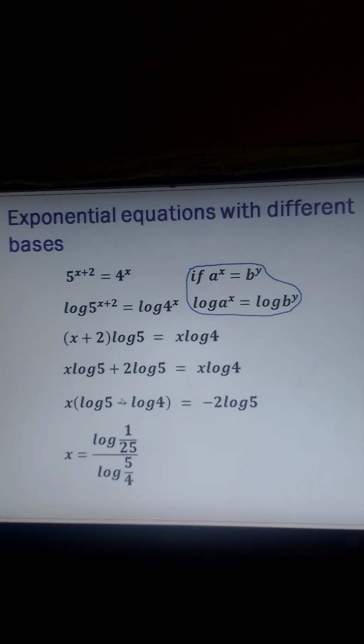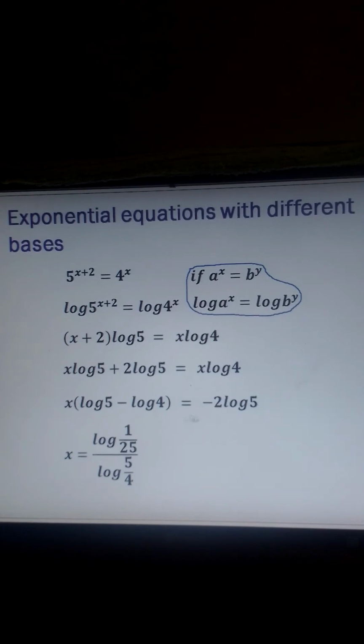Next, we collect the like terms. Now here we have x log 5 and x log 4. So we subtract x log 4 from this side and from this side. So we shall have x log 5 minus x log 4. You can factorize and you get x into log 5 minus log 4 is equal to, you subtract this term from this side and this side, so you get minus 2 log 5.